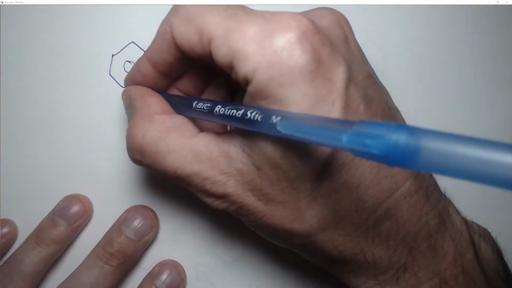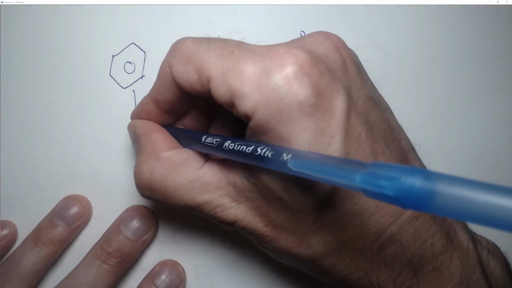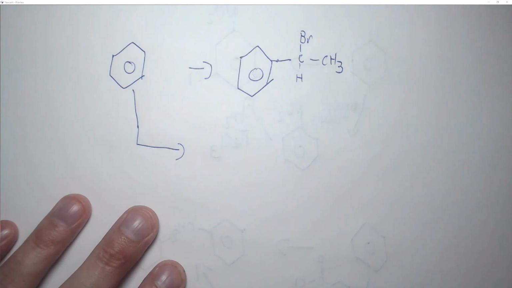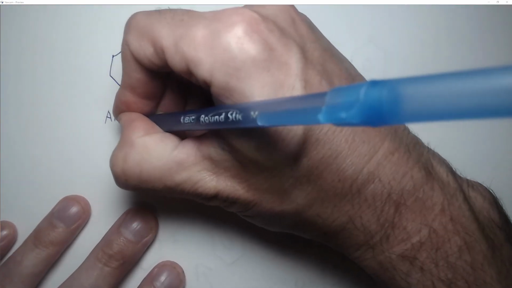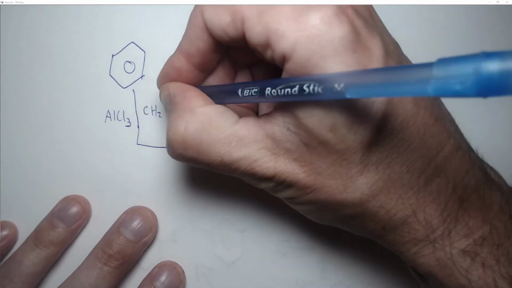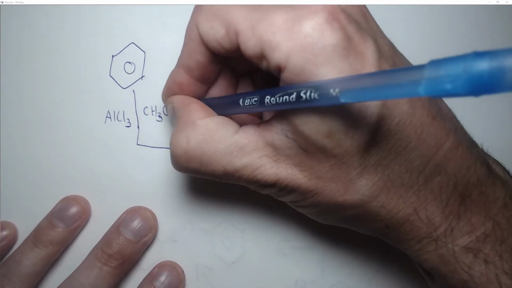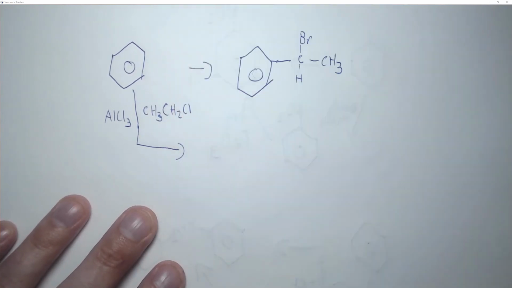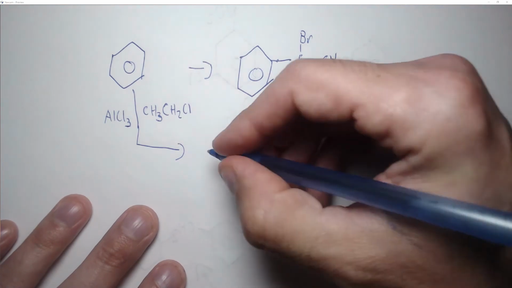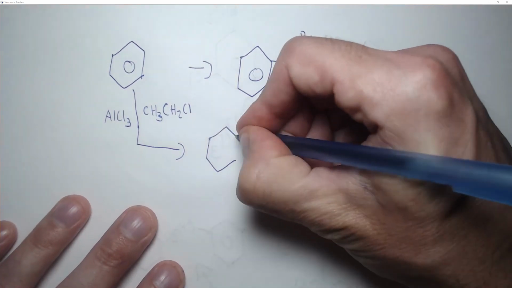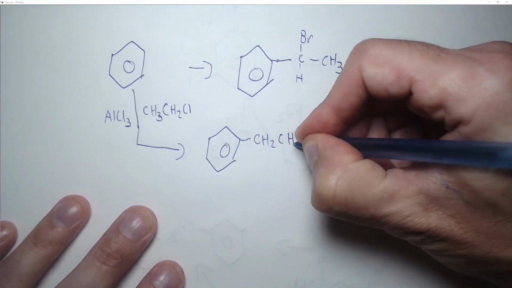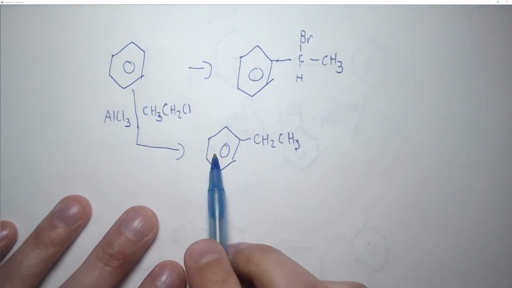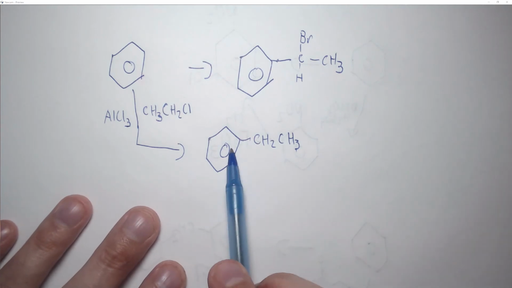So how do we add the alkyl group to benzene? What we can use is our Friedel-Crafts alkylation, AlCl3, and in this case, CH3CH2Cl. When we do that, we end up with CH2CH3 attached to our ring.